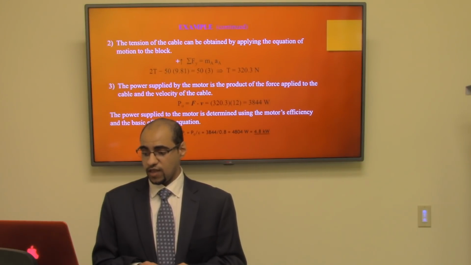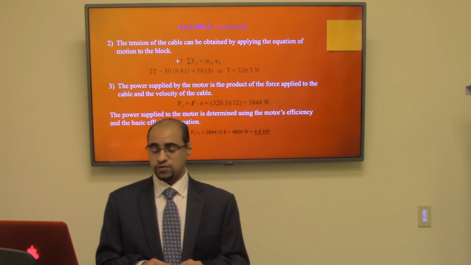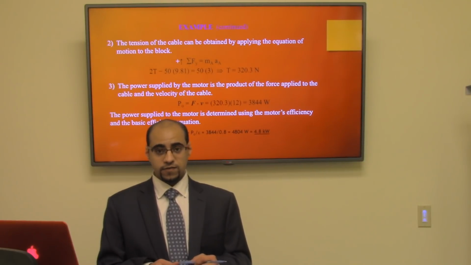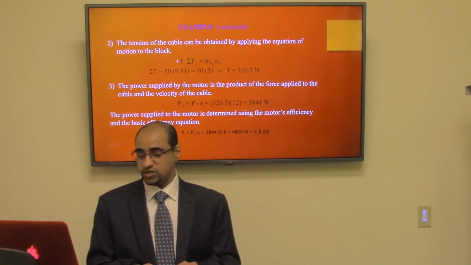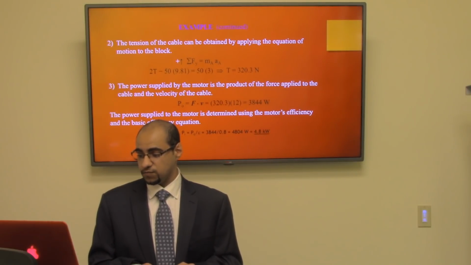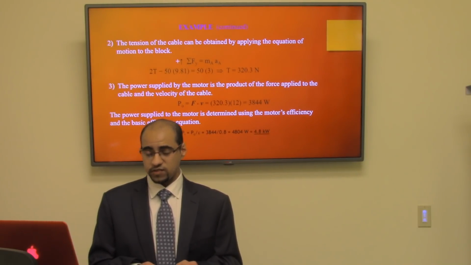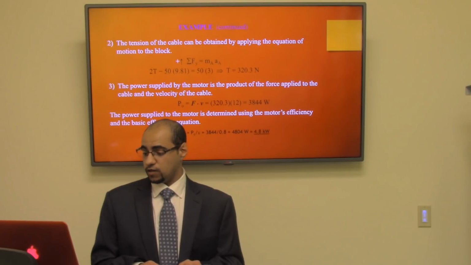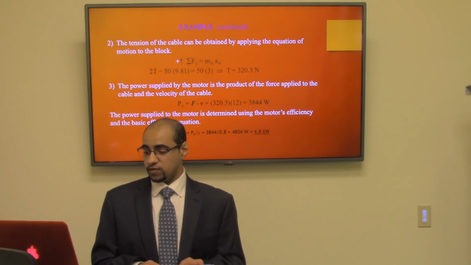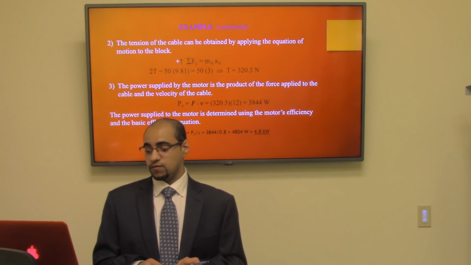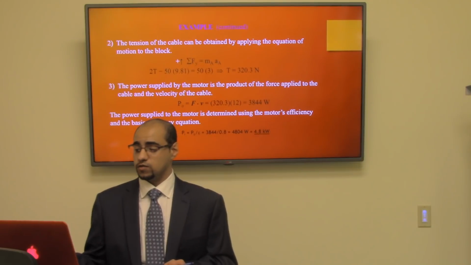So 3,844 over the efficiency, which is 0.8, given in the question. So it will give us 4,804 watt. But we can convert it to be 4.8 kilowatt.